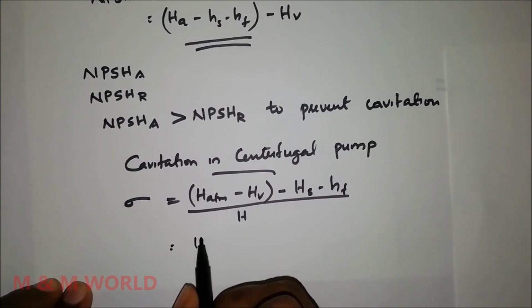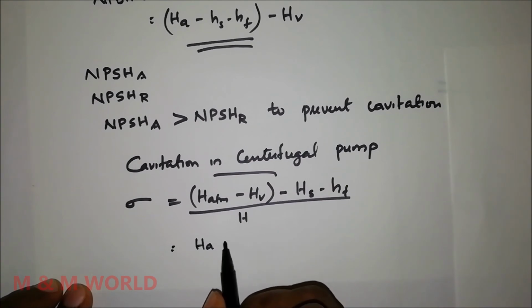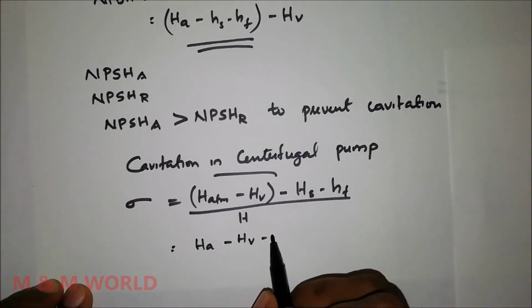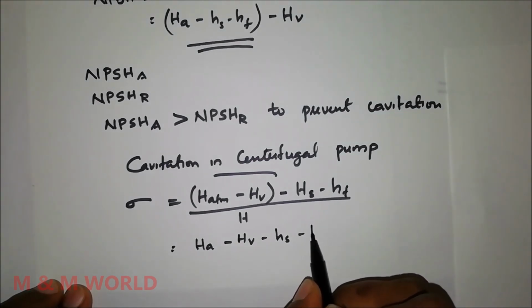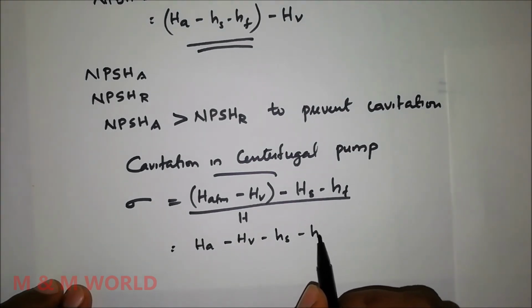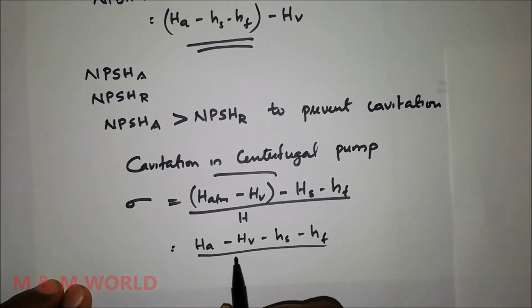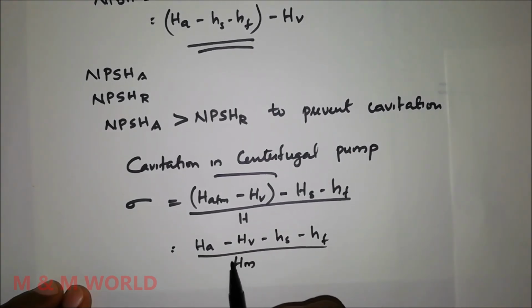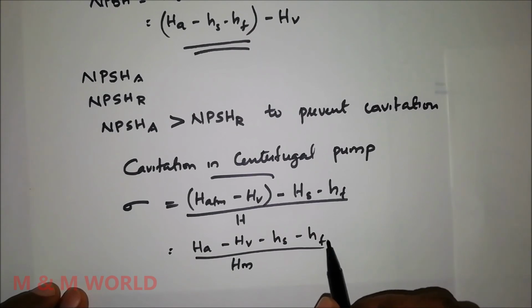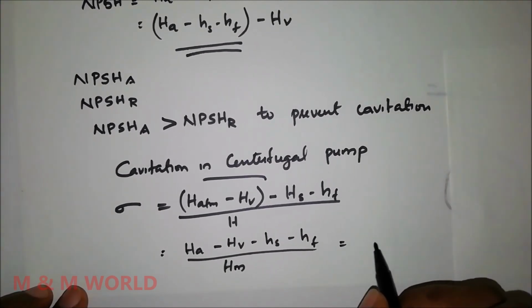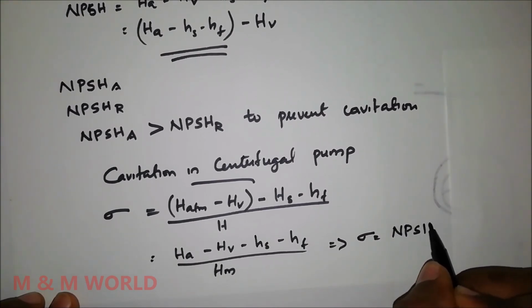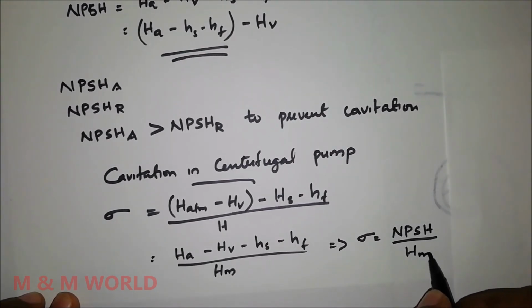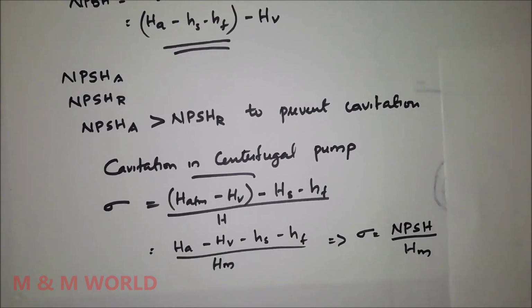Therefore, H atmospheric minus Hv minus small hs minus Hf divided by Hm, and this numerator is the NPSH. So sigma is equal to NPSH by Hm. So this is all about NPSH.